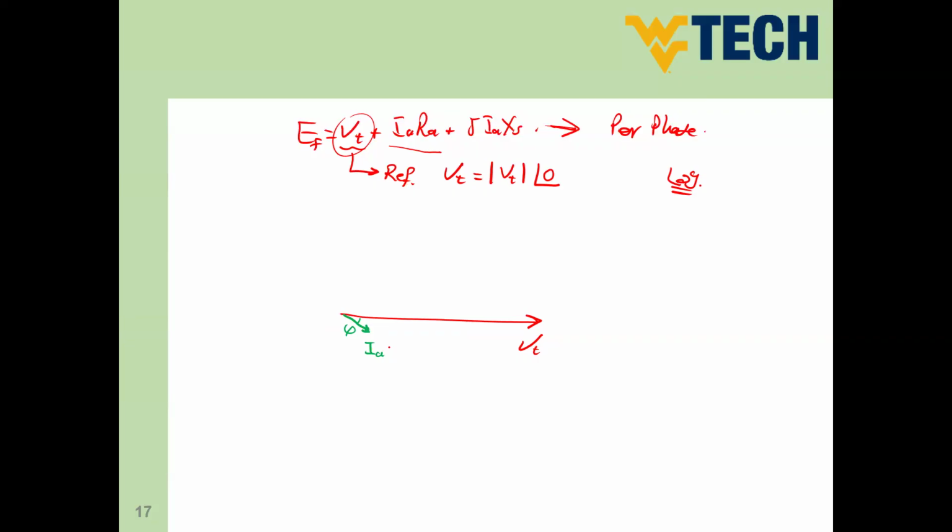When we draw a phasor diagram, we draw the first vector, and the end of the first vector is the start of the second vector. So I'm going to draw IARA from the end of VT. Again, IARA is a vector in the same direction as IA. So this is the vector IARA.